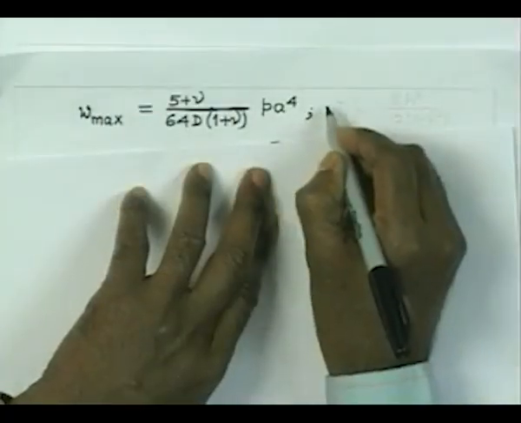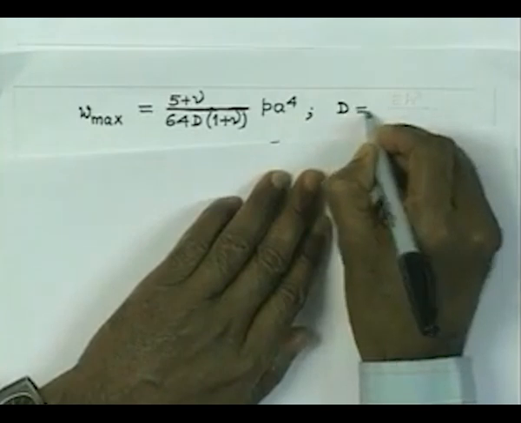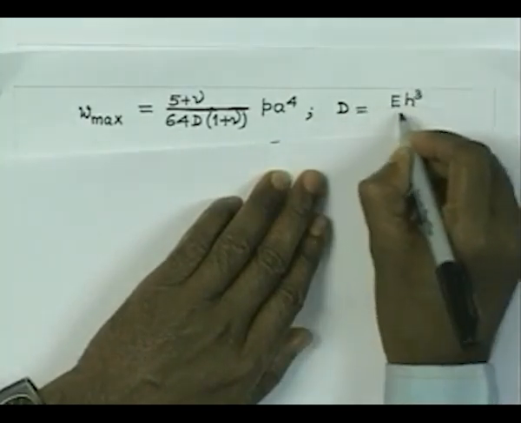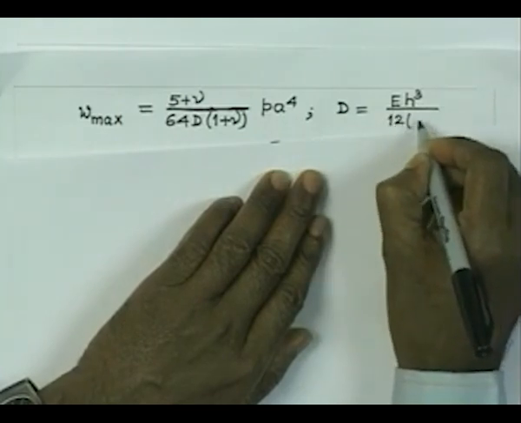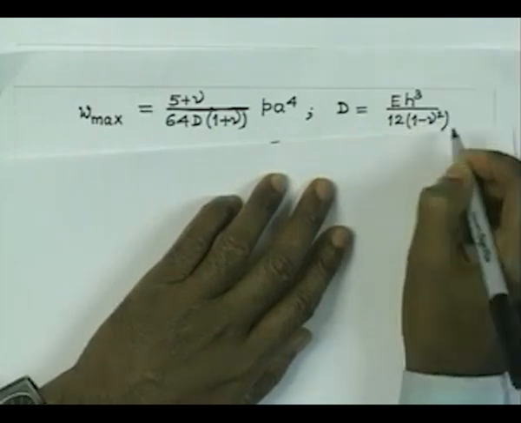So, let us now calculate this D. D is nothing but E h cube by 12 into 1 minus nu square.